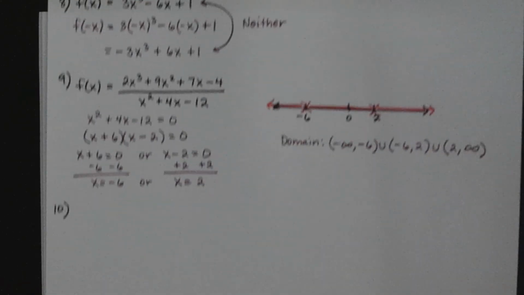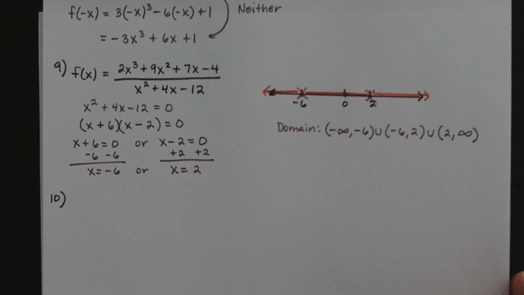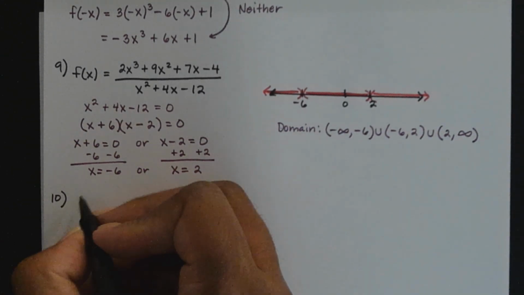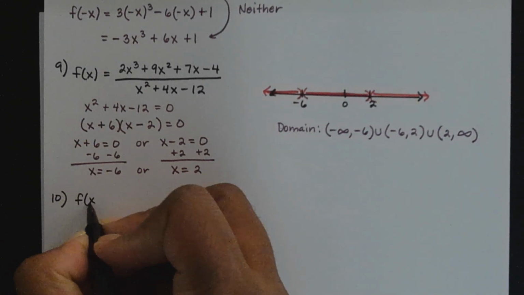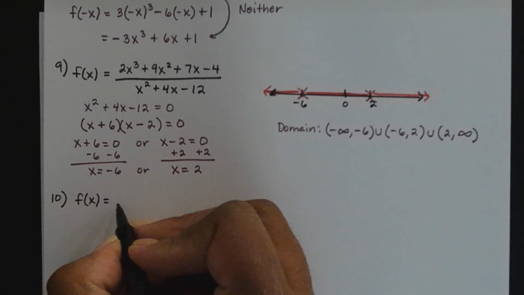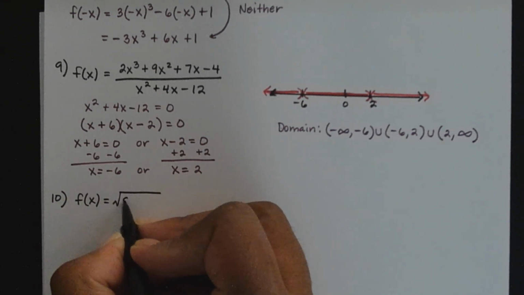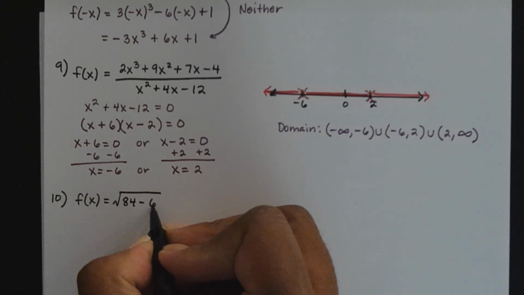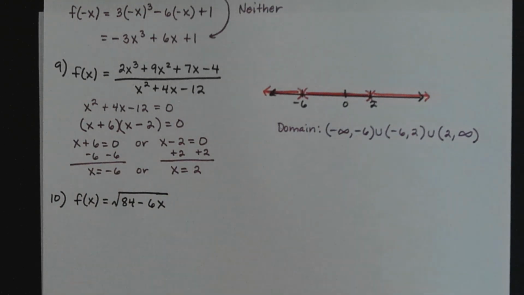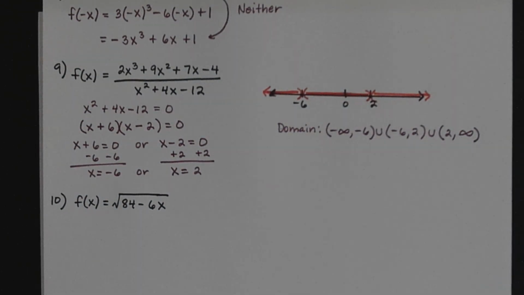All right, number 10. Here we got f of x is equal to the square root of 84 minus 6x. Now what type of function do I have here? This time it's a radical function, but it does have an even index with it.